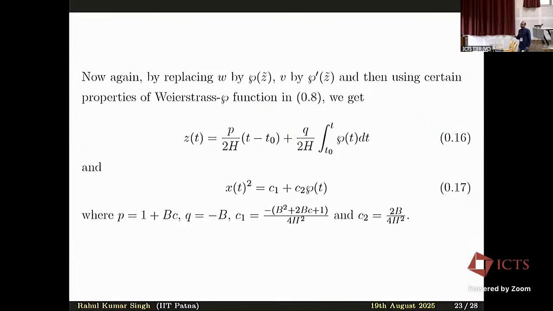So we will get some z of t. There are many things in between, but you can reduce this z of t like this, and along the same line, you can start with x of t, which you had earlier. You will see x of t will be equal to this, and this p, where p is something like these constants.